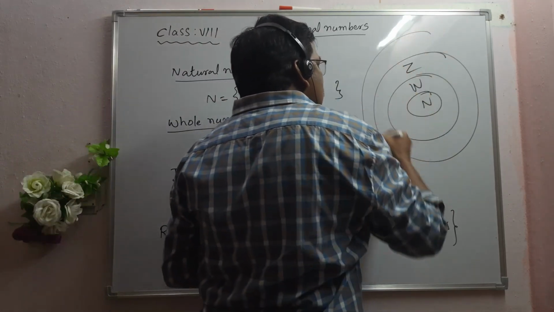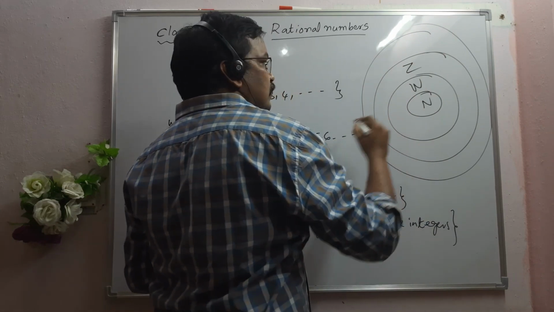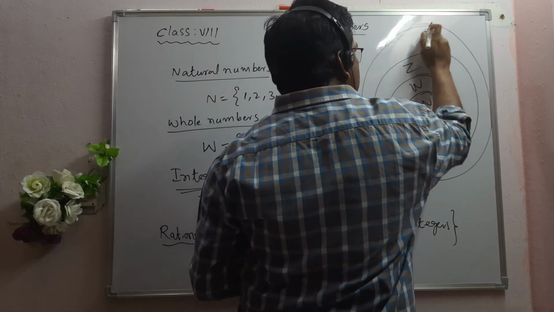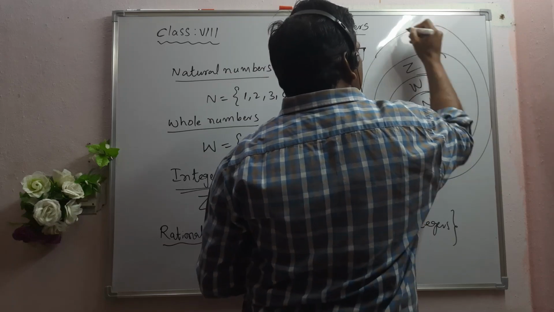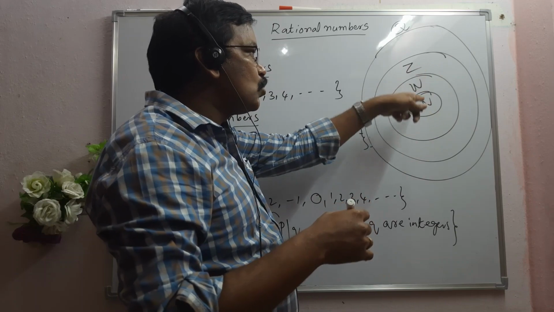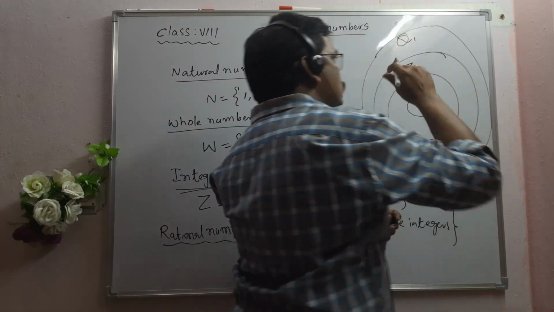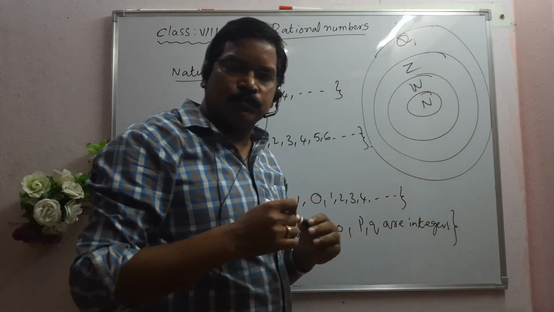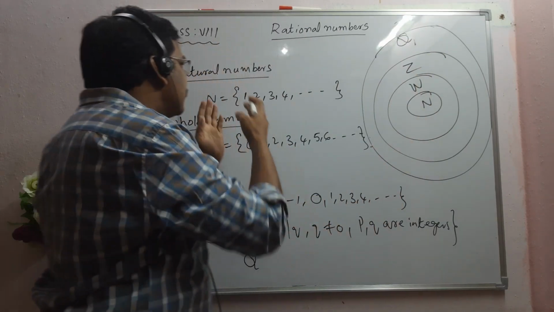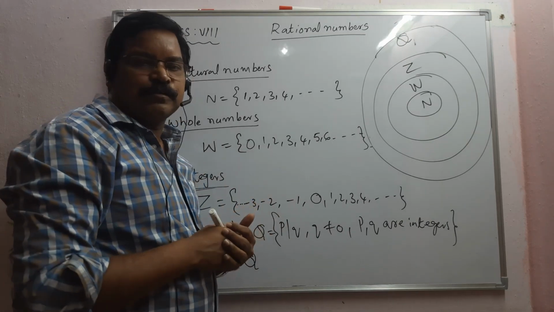See, rational numbers is a big set. It contains natural numbers, whole numbers, integers, and rational numbers also. Why are all these natural numbers, whole numbers, integers also called rational numbers?